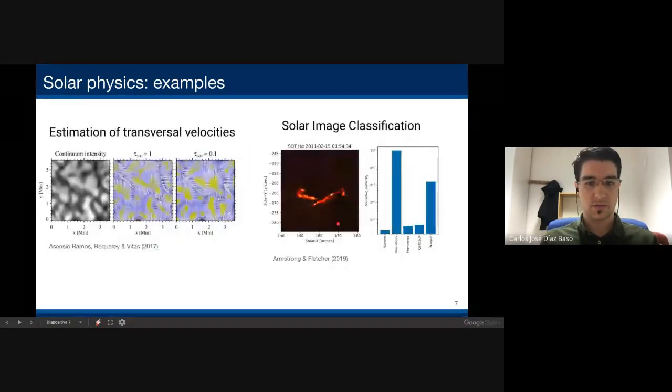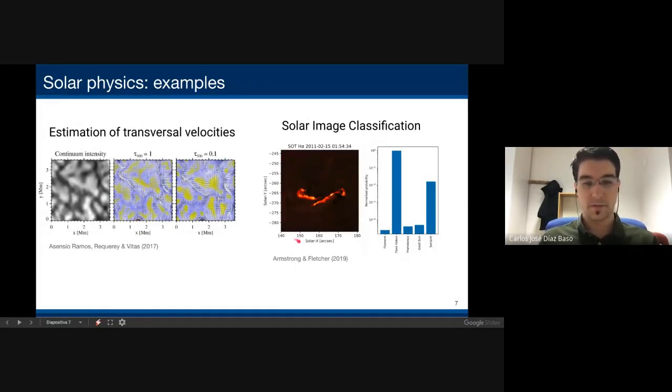I also just want to highlight two more. Also using neural networks, we can get a very good estimation of the transversal velocities in the solar surface, much better than the common local correlation tracking, which allows us to analyze small vortices.